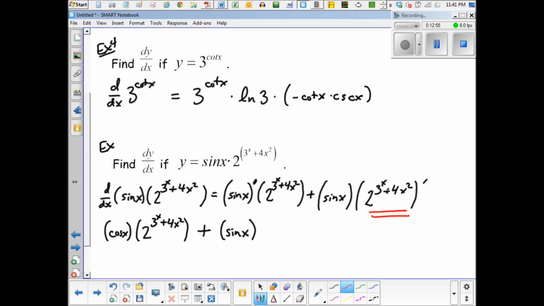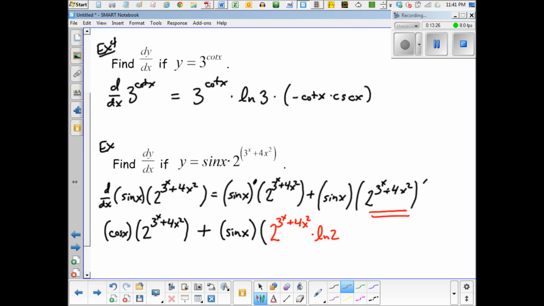So we're going to copy that exact expression, times ln 2, and then times the derivative of that something. Alright, so we'll start off with red, because I've underlined the 2 to the something in red. So it's 2 to the something times ln 2.